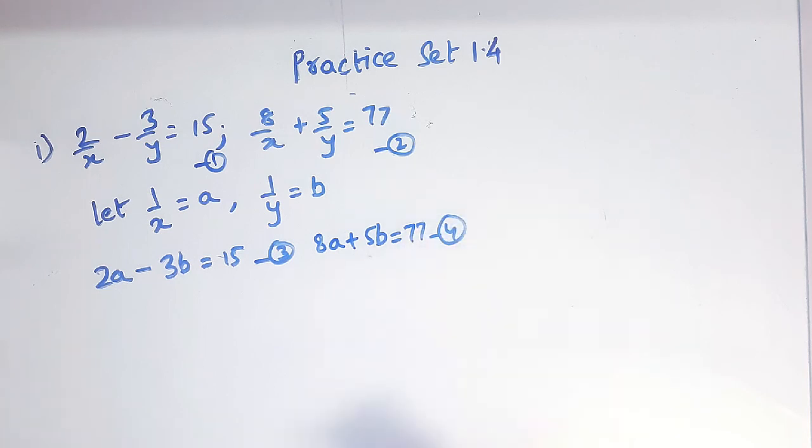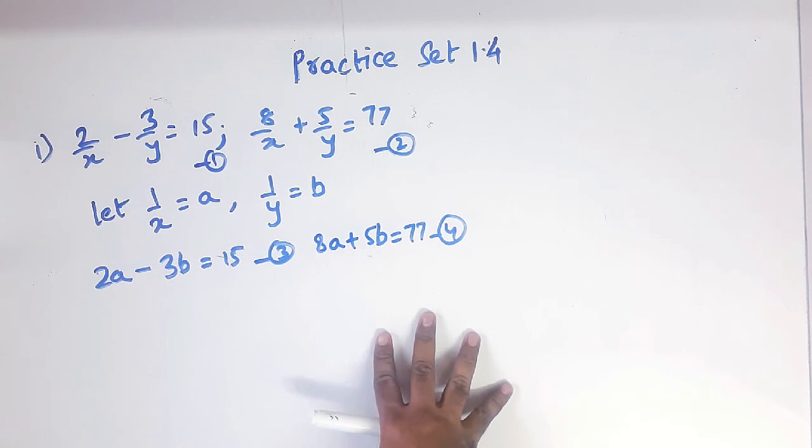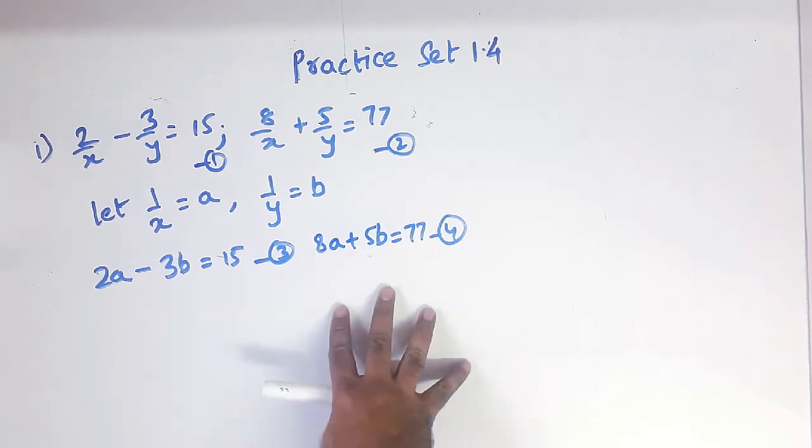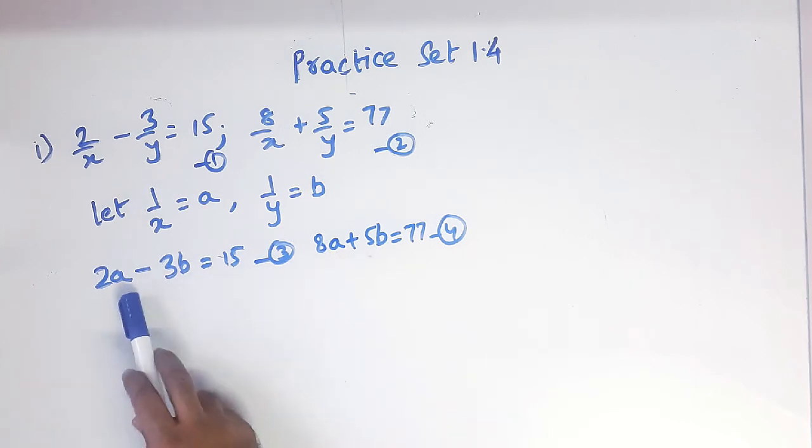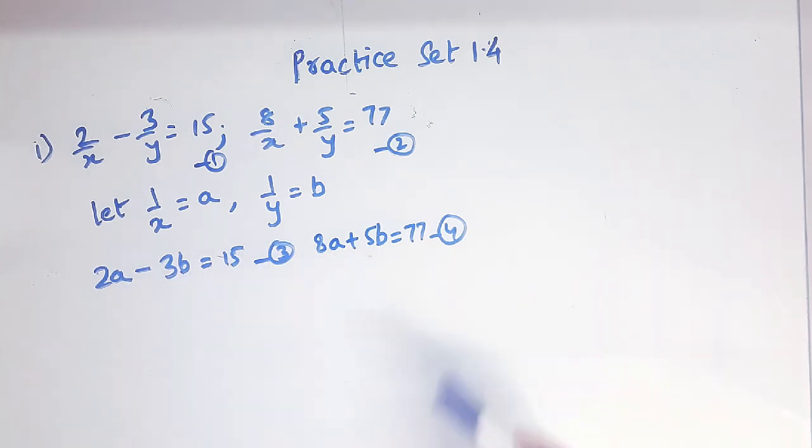This is the fourth one. Now you are just in practice set 1.1 again. These are very simple simultaneous equations. Now how will you do this? Either you equalize the coefficients, or you can substitute. I will equalize.